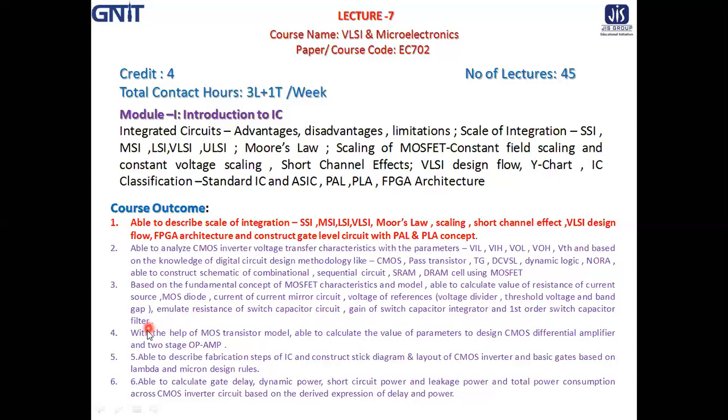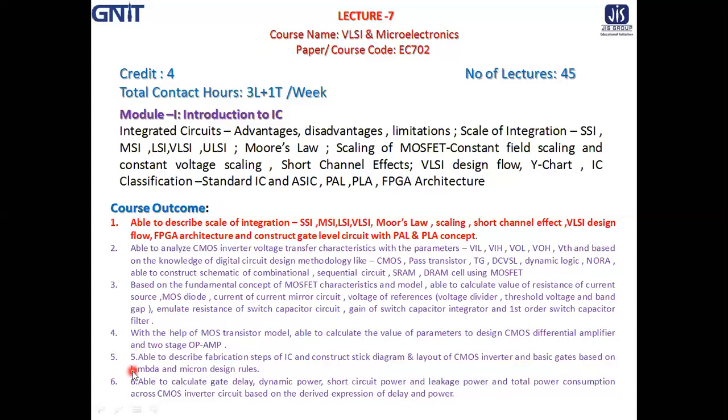The fourth course outcome is, with the help of the MOS transistor model, able to calculate the value of the parameters to design CMOS differential amplifier and two-stage op-amp. The fifth one is able to describe fabrication steps of the IC and construct stick diagram and layout of the CMOS inverter and basic gates based on the lambda and micron design rules.